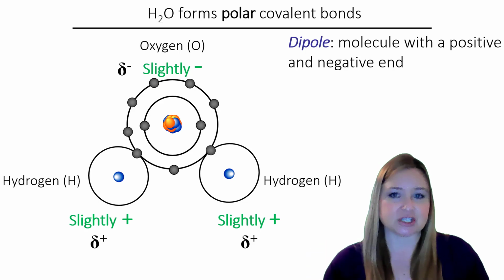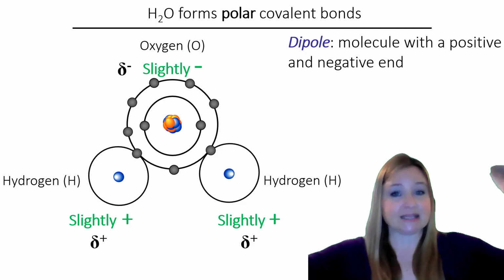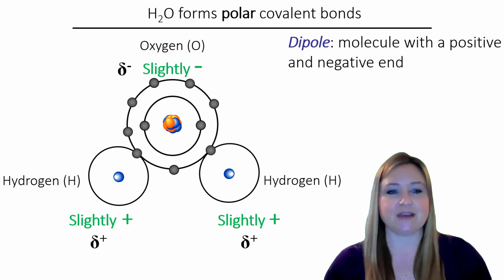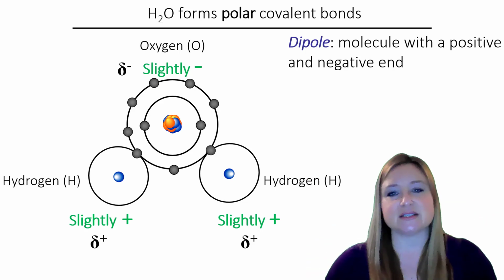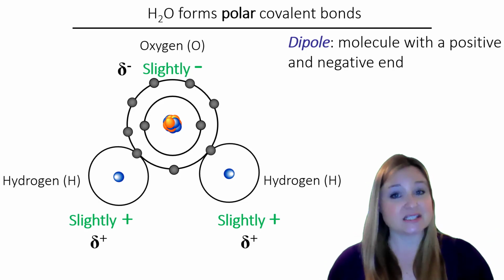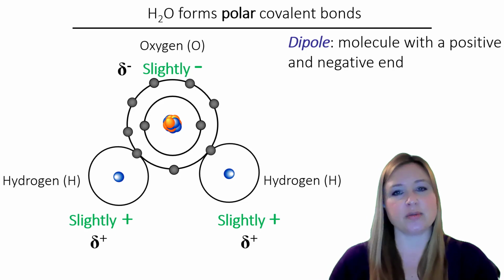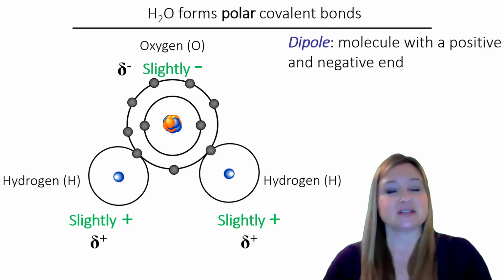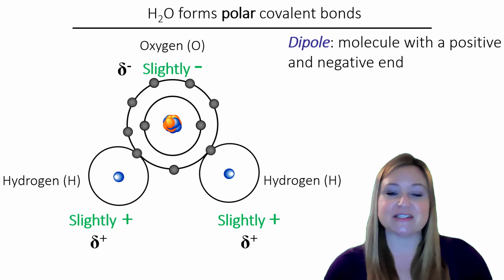So water is actually a dipole where there's a slightly negative end and a slightly positive end. So they use this delta to signify which one is the negative end and which one is the positive end. Oxygen, that side of the water molecule, is going to be the slightly negative part, and then the hydrogens are going to be the more positive part.